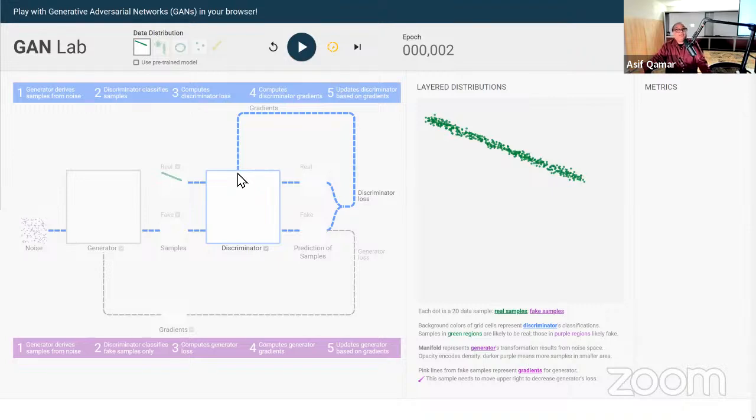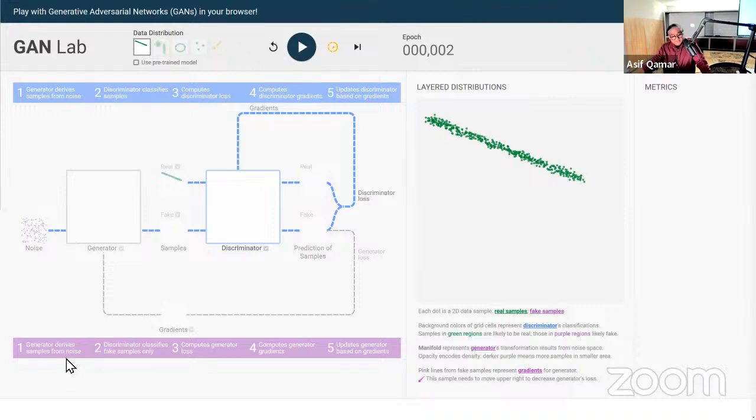Hey, I gave you a fake, or I gave you a real. But what about the generator, the crook? The crook is only told that you got caught. It is never told what the real looked like. It just says you produced a fake and you got caught, or not. Make sense, guys? Or the cop is suspicious. That's all you come to know.